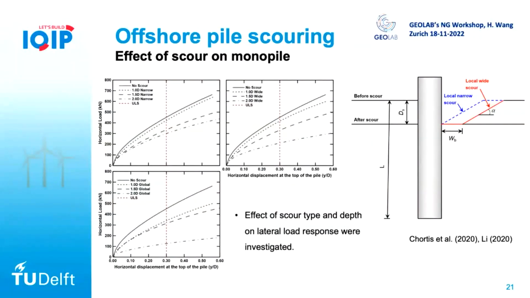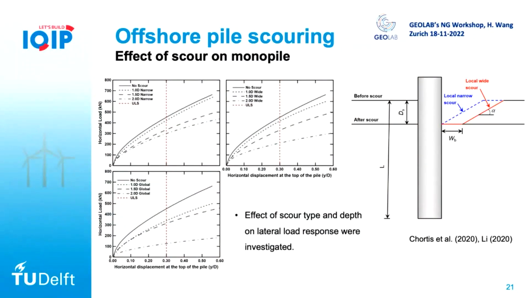On the right, we define certain scour conditions: very shallow scour and different depths. We can also have very wide scour, and even worse, sometimes the scour is so severe that the whole soil may just be taken away. So we studied how these different scour shapes will affect the lateral response of the monopile.